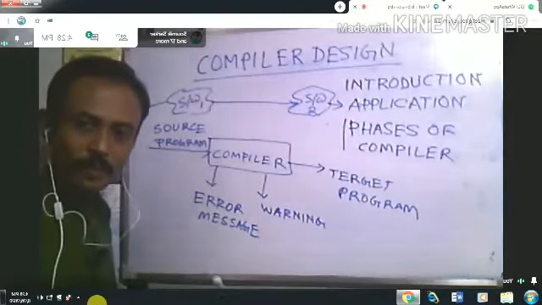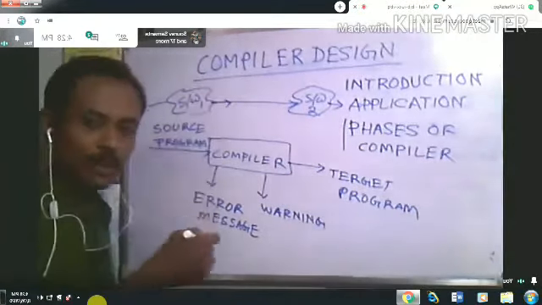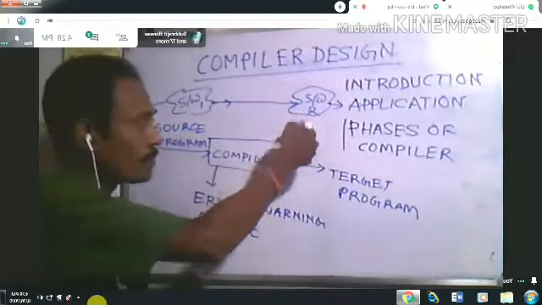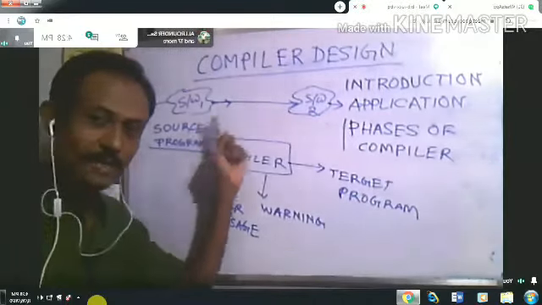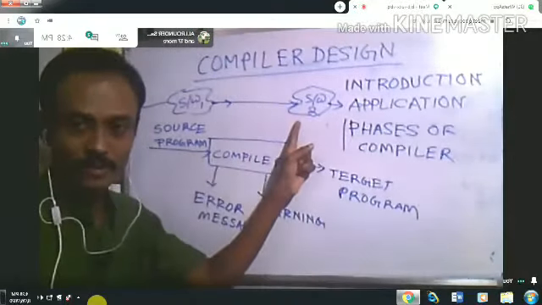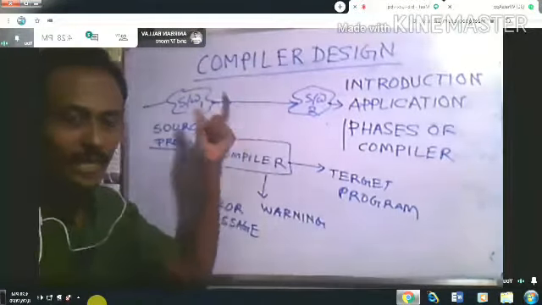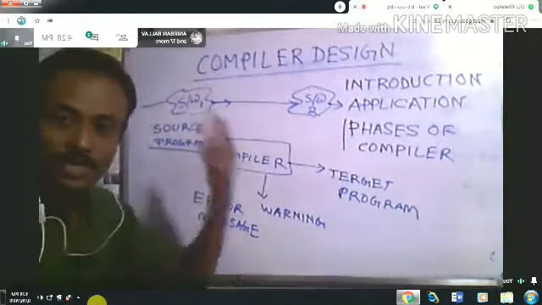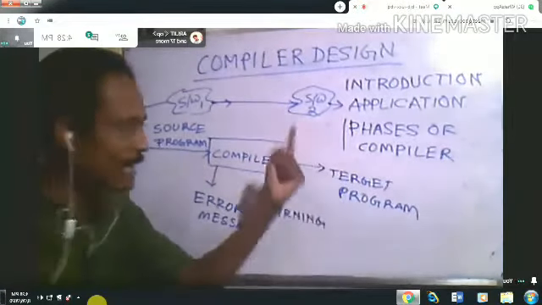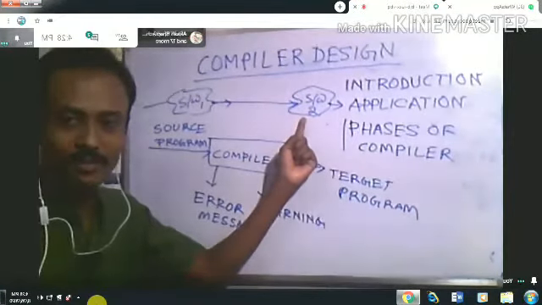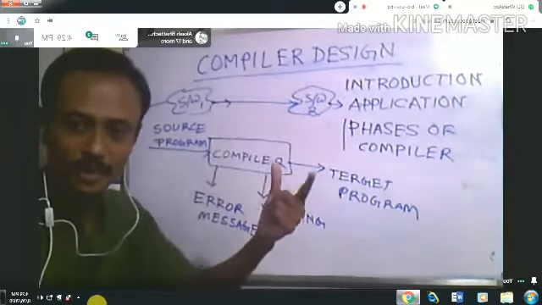Clear? So now what will happen? Sometimes the output generated by one software cannot be understood by the other software. Then what will we do? We have to translate this output in such a way that it can be understood by the other software. So here there should be some translation.